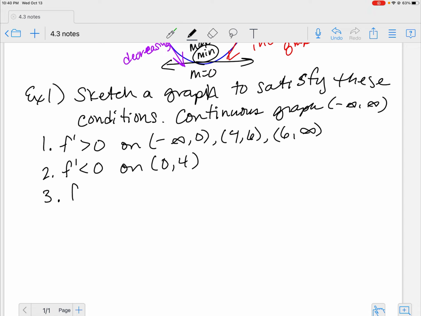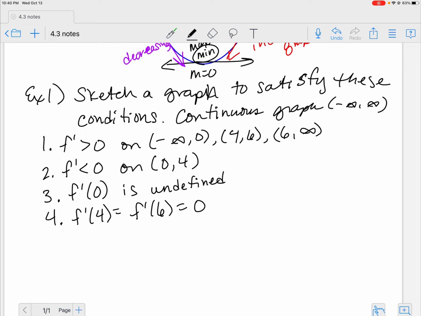Third criteria, my derivative at 0 is undefined. Ooh, that's cool. And last criteria, my derivative at 4 equals my derivative at 6, which equals 0.